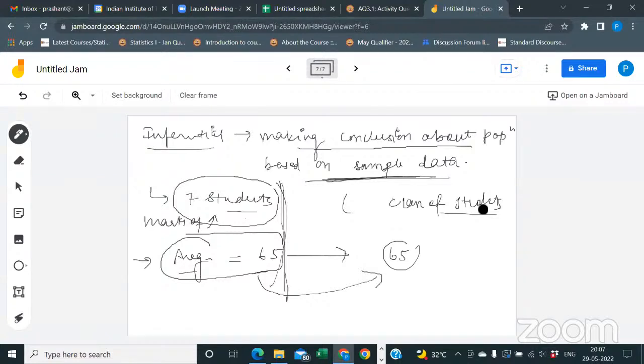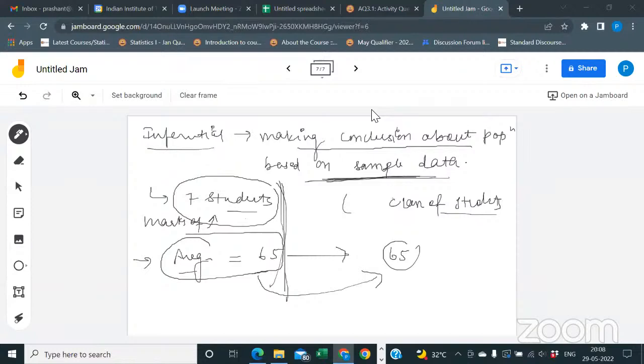Sir, there is a catch in this. It depends on what population we are considering. In the example you gave for 12th students, if we are considering all the students of a particular class, then we have included the whole population.